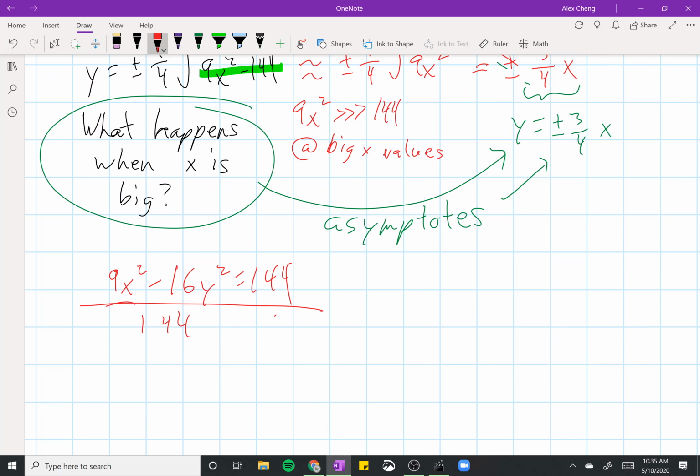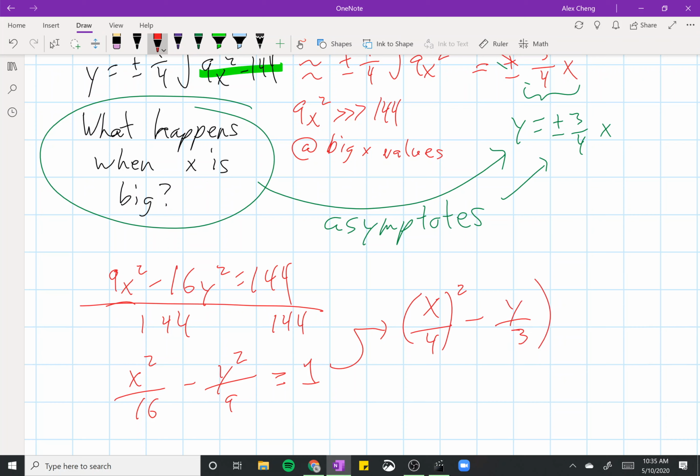Then I'll get, in this case, x squared over 16 minus y squared over 9 equals 1. And just like before, I'm going to rewrite the x squared over 16 as x over 4 squared minus y over 3 squared equals 1.